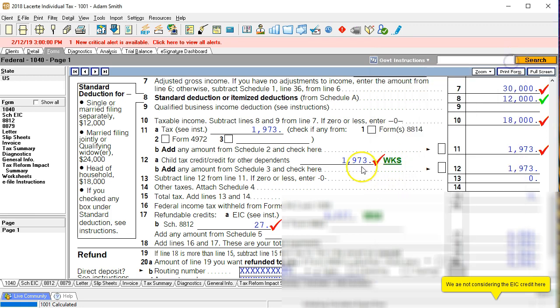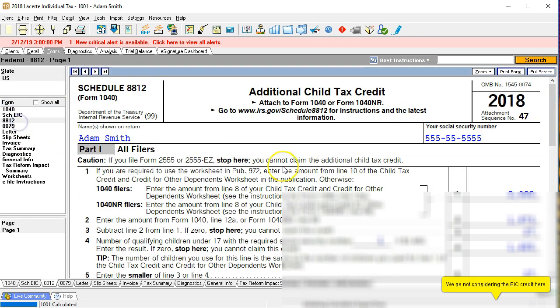So why do they have to break it out between these two? Because this bottom one is telling us that this is going to be below zero, and there are different limitations when that's the case. So now to get that calculation, we have to go to this form 8812, which now became populated, something we have to fill out.